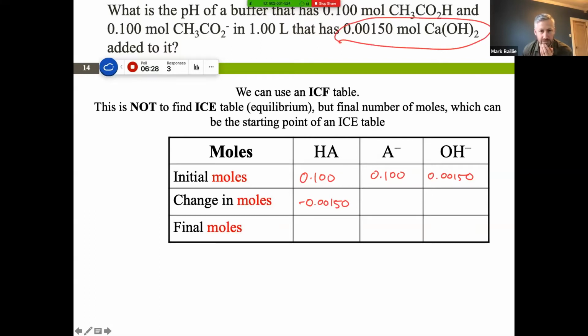What should be different in my table? There are 2 OHs for every calcium hydroxide, so you have to double the moles amount of it. Great, so 0.00150 moles of calcium hydroxide actually makes 0.00300 moles of hydroxide.